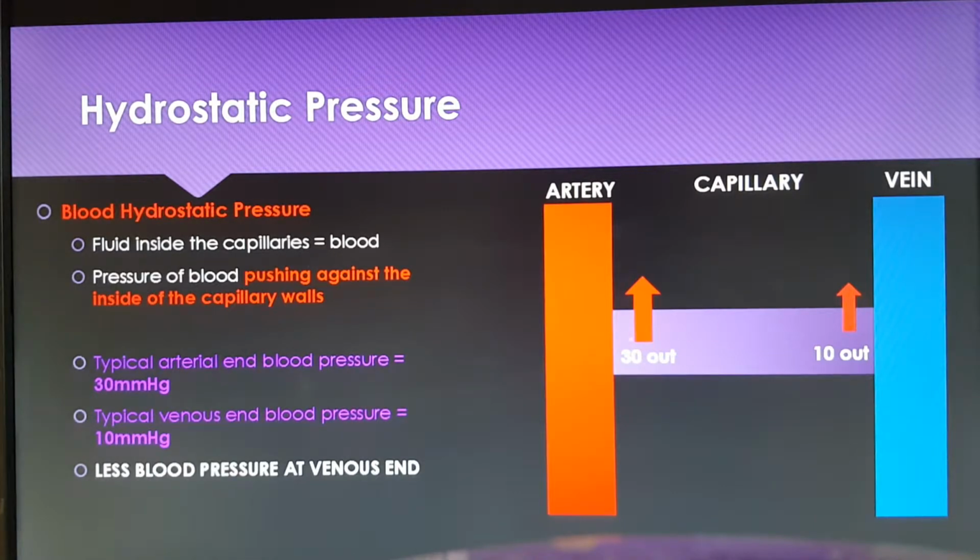It's the pressure of the blood pushing out at the arterial end, and by the time it reaches the venous end, it actually reduces. In our example, the measurement is 30 millimeters of mercury out of the capillaries, and then it drops to 10 millimeters of mercury measured at the venous end.